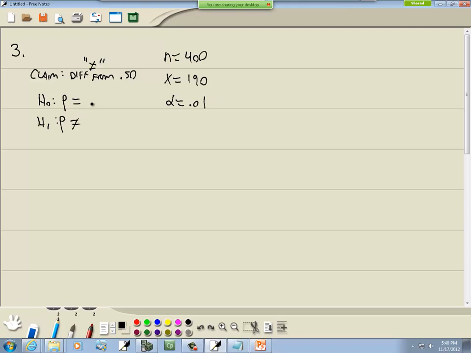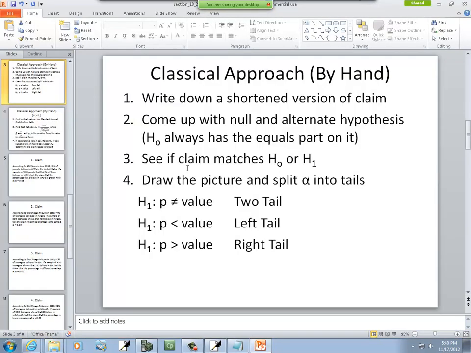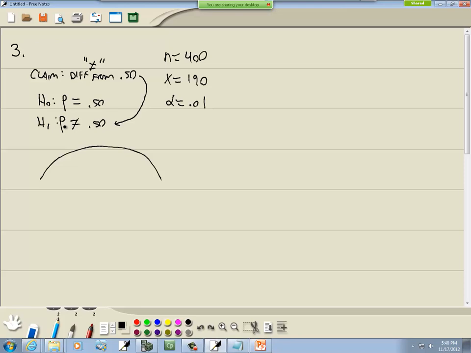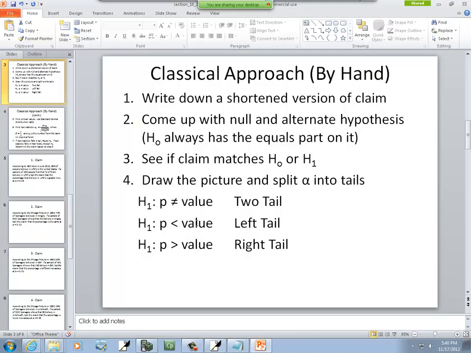And this would be equals 0.50. Different from matches the H1 there. That was to see if the claim matches H0 or H1. Step 4, draw the picture. Not equal to on H1 means two tails.